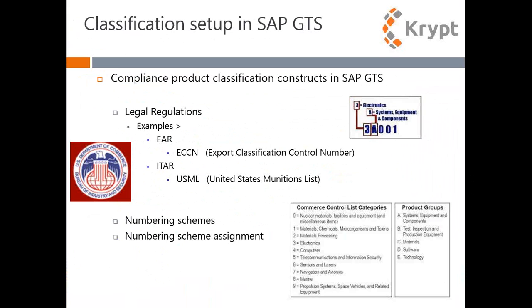But in this example, we have the EAR, which is the Bureau of Industry and Security, the Export Admin Regulation. And the classification schema is ECCN, so the Export Classification Control Numbers is assigned to that regulation and therefore assigned to a country, in this case would be the US, so that we can manage those controls.